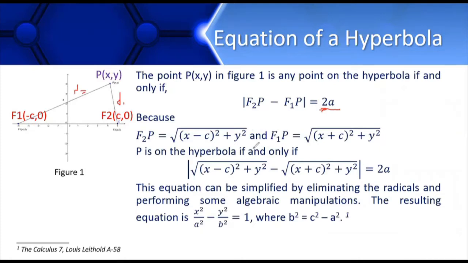Okay, so pag kinuha natin yung difference ng dalawang segment, ang mangyayari is the absolute value of the square root of the quantity (x minus c) squared plus y squared, minus the square root of the quantity (x plus c) squared plus y squared, equals the constant 2a.